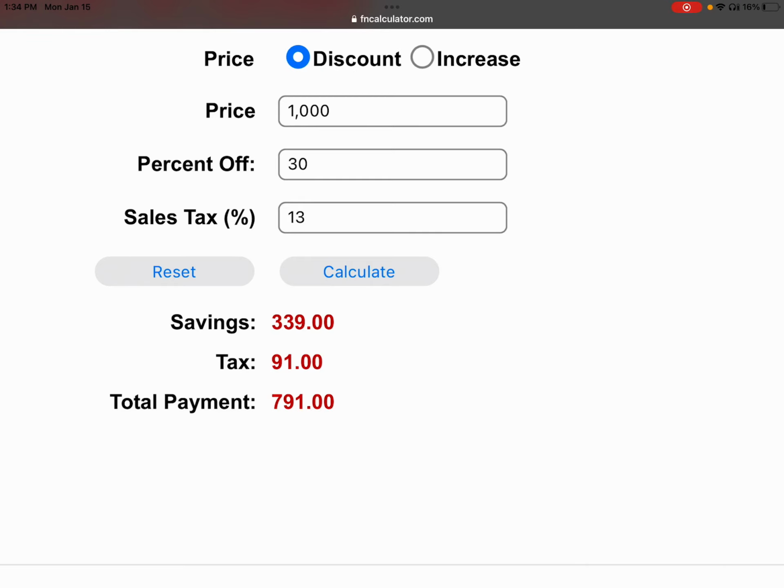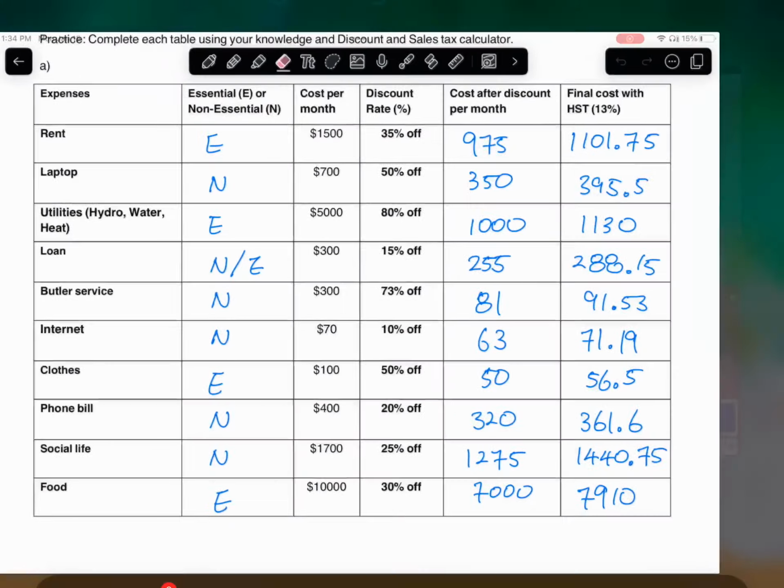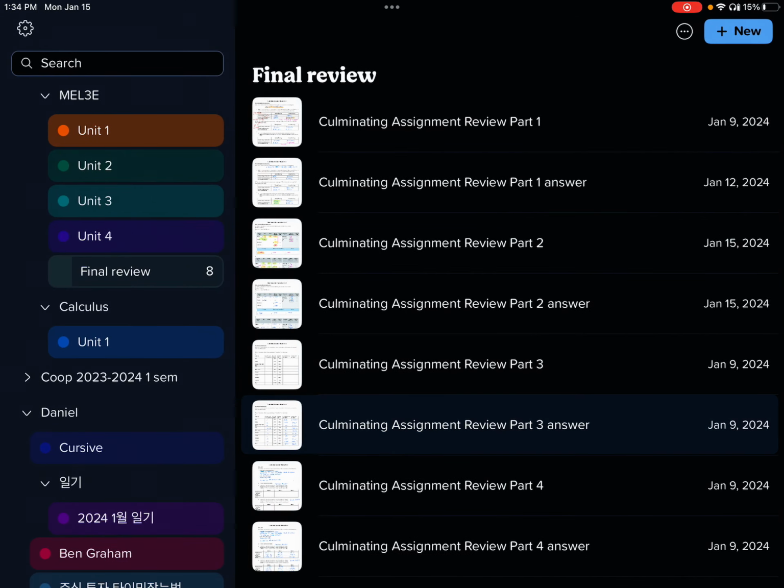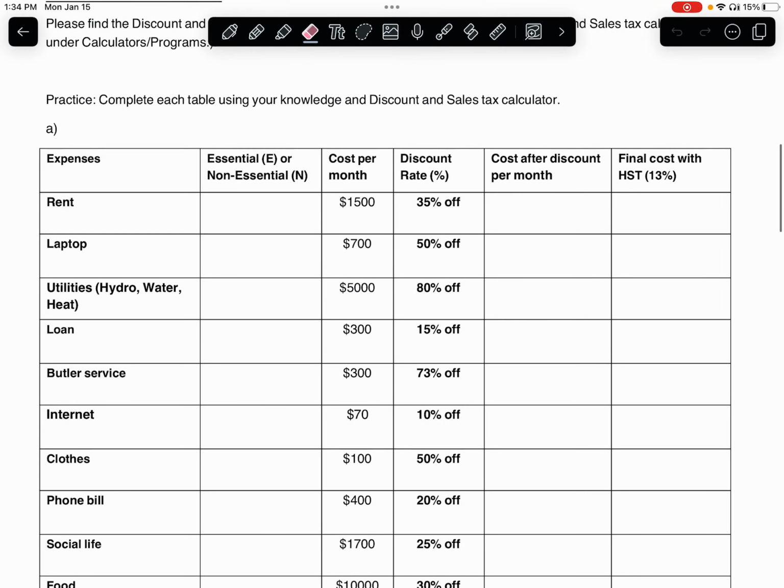So if you are looking at your review practice, we already did this, but I'm just going to use this one again. So when you look at Unit 2A, the very first one, rent, let's just go back to the information, the worksheet. It shows our cost per month for the rent is $1,500.